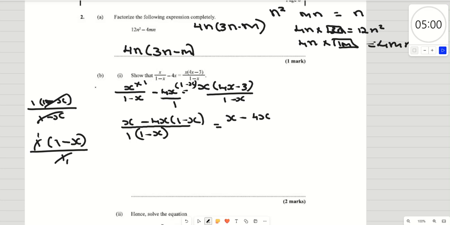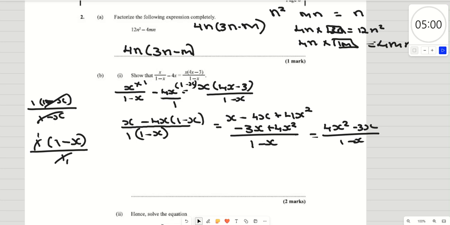And minus 4x by minus x is equal to plus 4x squared. Now, x minus 4x is actually minus 3x plus 4x squared. You could rearrange it, all over 1 minus x. Rearrange it so you have 4x squared minus 3x all over 1 minus x.